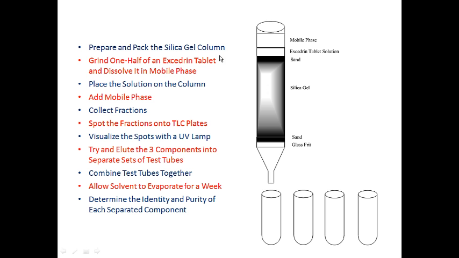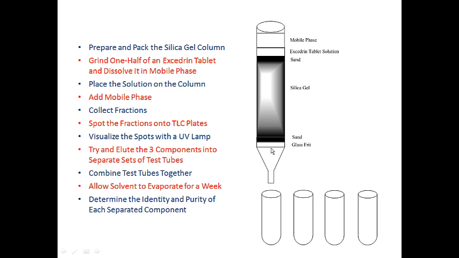So once we prepare and pack the silica gel column, we're going to take half of an Excedrin tablet and dissolve it in mobile phase. And then we're going to place that solution on the column. Now, this column does not have a stopcock at the bottom, so the solution will constantly be dripping out.